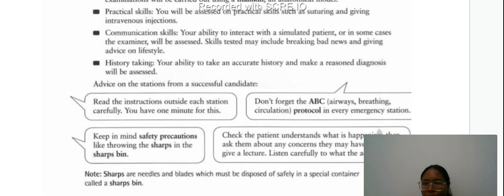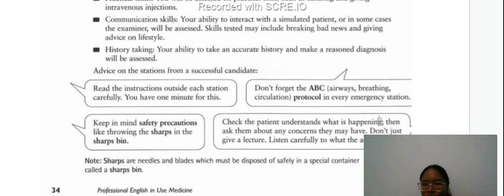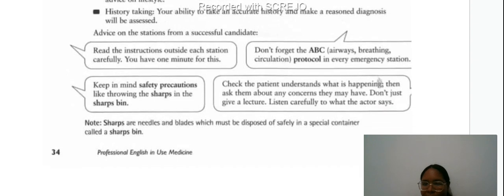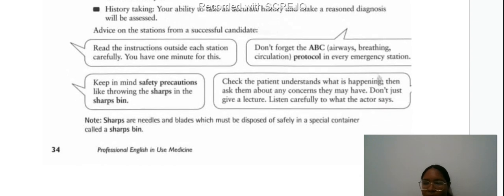Practical skills: you will be assessed on practical skills such as suturing and giving intravenous injections. Communication skills: your ability to interact with a simulated patient, or in some cases the examiner, will be assessed. Skill tests may include breaking bad news and giving advice on lifestyle. History taking: your ability to take an accurate history and make a reasoned diagnosis will be assessed.